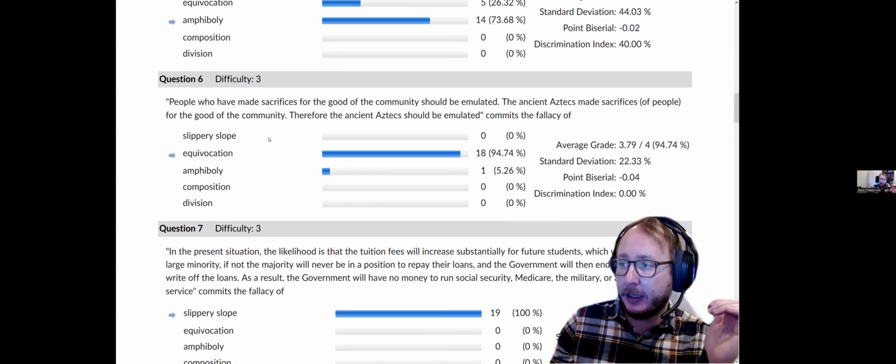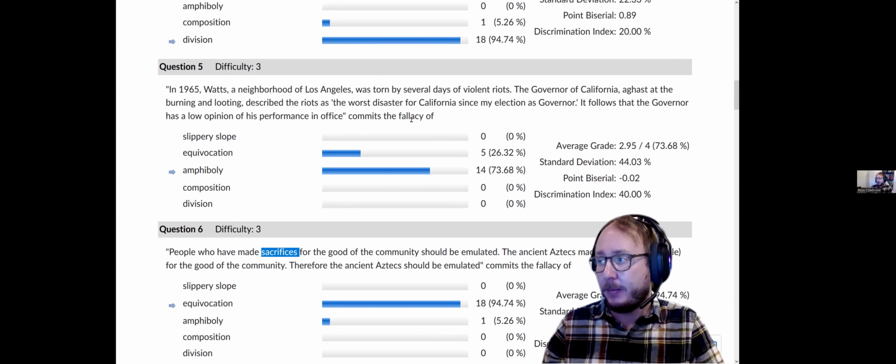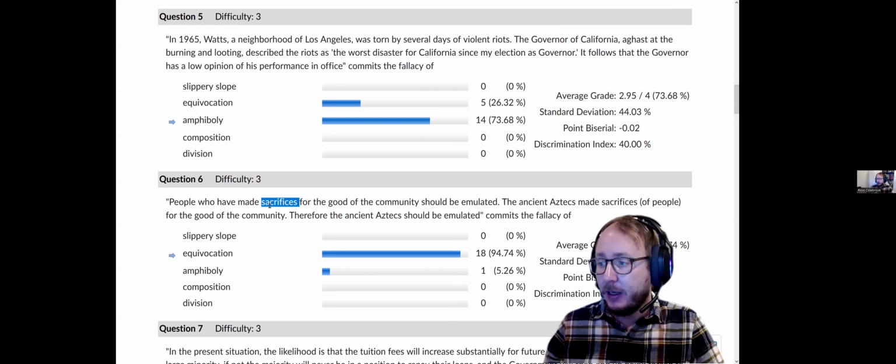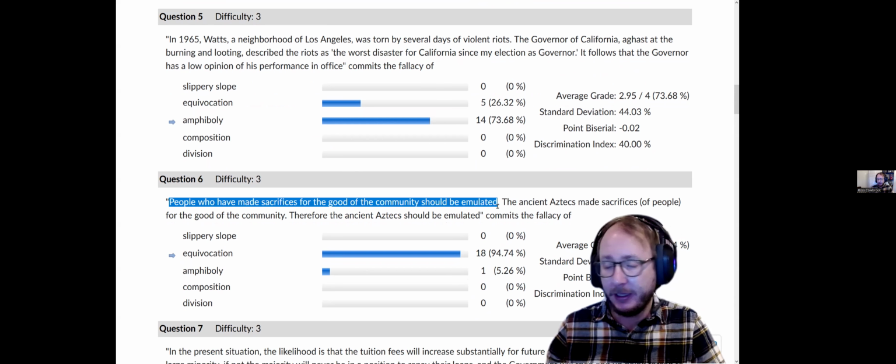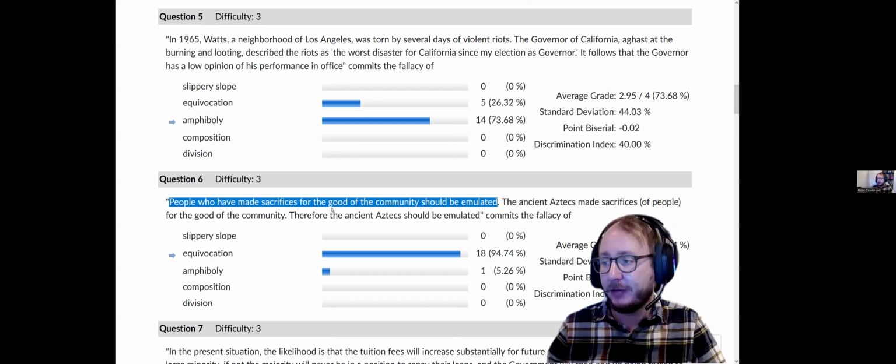Okay, that's what's going on in question 6. So the word sacrifices comes up multiple times in this argument. But unlike governor above, which is used in the same sense, there's nothing about the context of it which suggests a different interpretation. Sacrifices here does seem to have two different meanings. So sacrifices here, in the context of doing good for the community, means volunteering for charity, giving money to charity, spending time at a soup kitchen, giving out food, right?